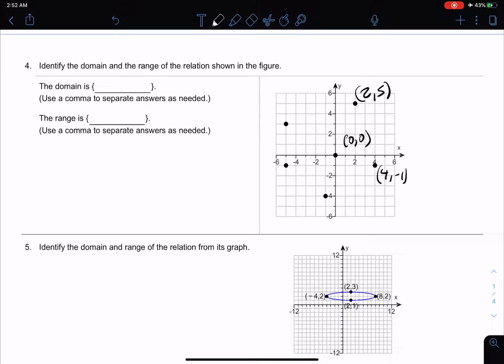And I've got (-1, -4), (-5, -1), and (-5, 3). So (-5, 3), (-5, -1), (-1, -4), (4, -1), (0, 0), and (2, 5).